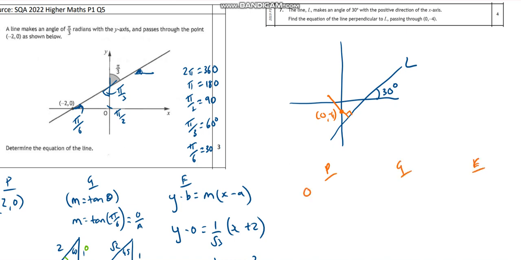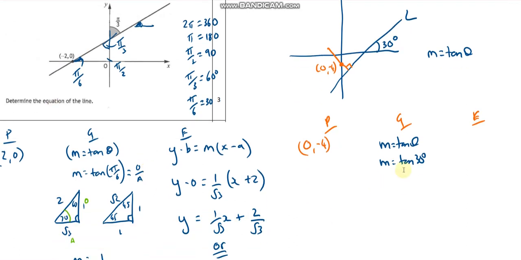So this time we know a point of (0, -4). Can I possibly work out the gradient of this line? Well, I can, because the gradient of this line is m equals tan theta. And I'll take 1 over and change the sign for that. So m is equal to tan of 30 degrees. And just to save me some time, I'll look at my triangles, one I made earlier.